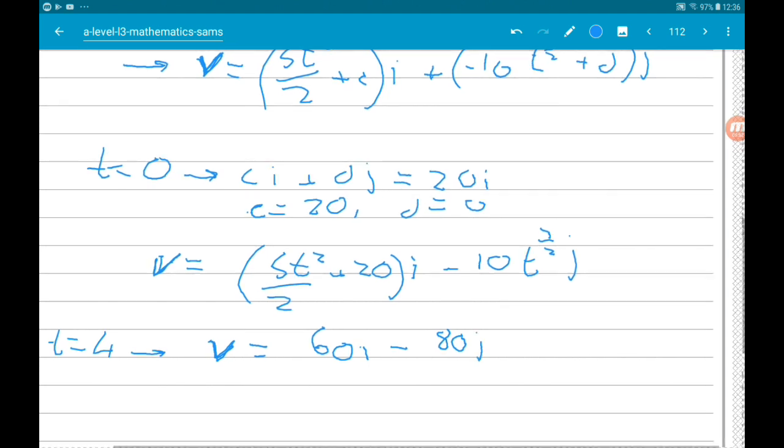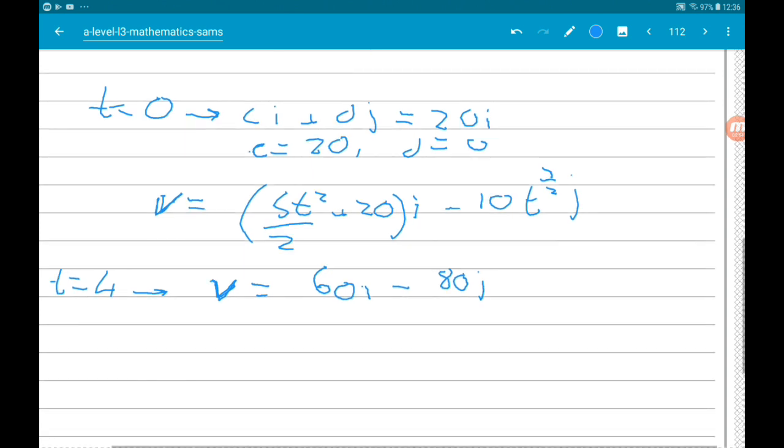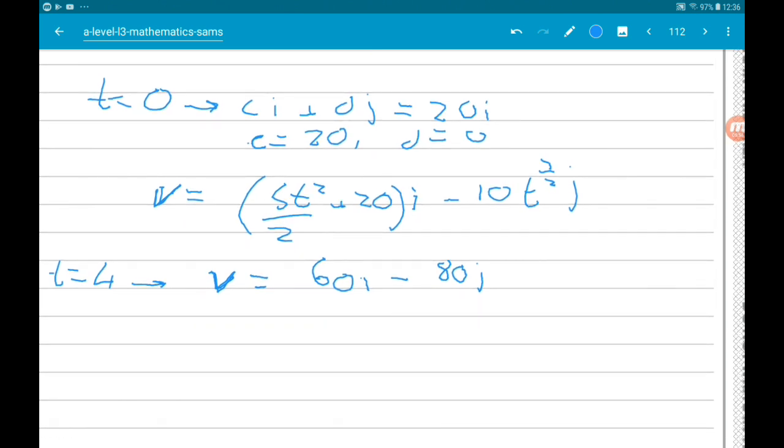So, speed again is the magnitude of v, which is square root of 60 squared add 80 squared.